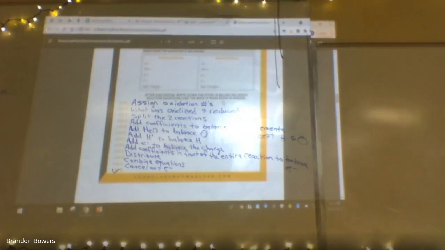I'm leaning towards open note with it. Everything open note. So you're gonna do open note, but then you're gonna have a review guide that's the same as the test. Wow.